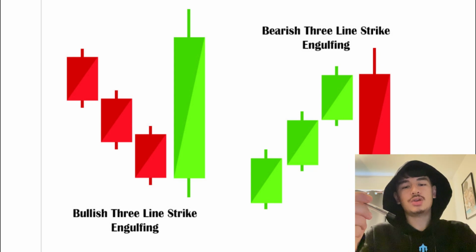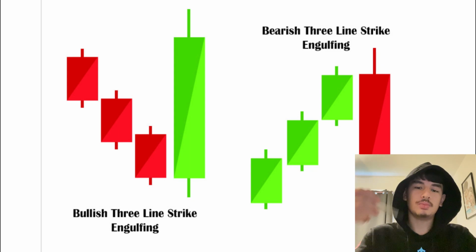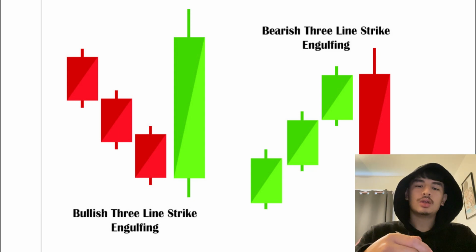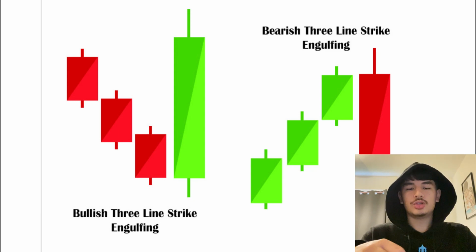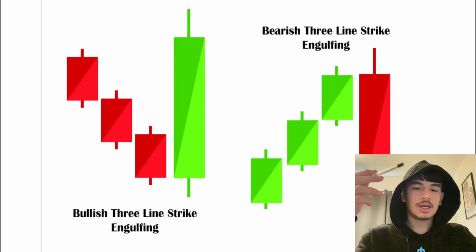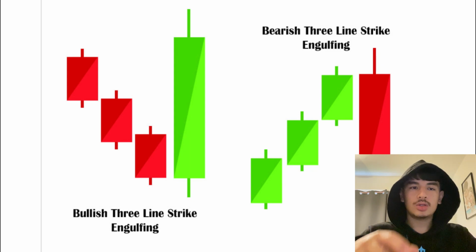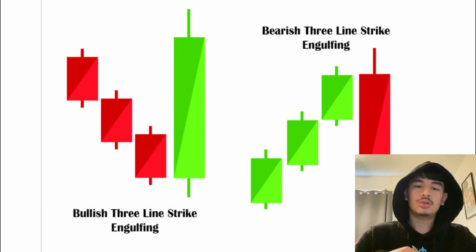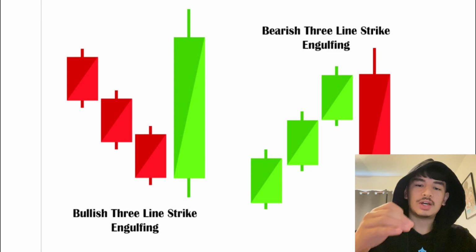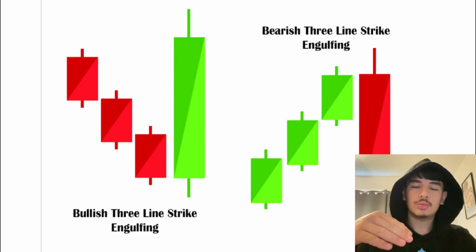So a three line strike can happen in a bullish or bearish market. For this example, we'll use a bullish market where it makes higher highs and higher lows. If we wanted to spot a useful three line strike, we'd always find it at the end of a correction. This is a higher low of the market.